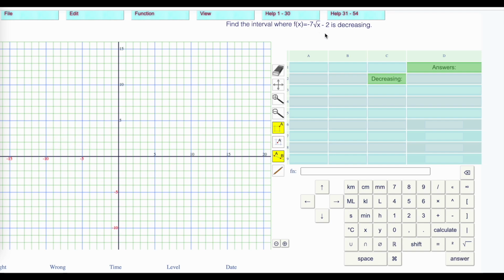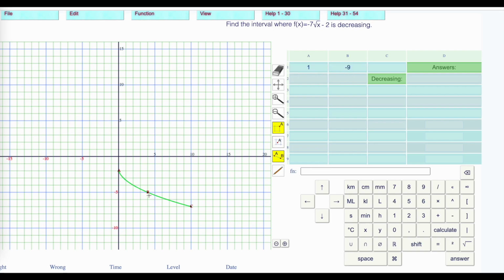When is this one decreasing? It's opening down and to the right. The vertex is at 0, -2. It's opening down with something like this. Let me plot the actual points. When x is 0, we end up with -2, is equal to -7 times the square root of the x value. -2 gives us -2.